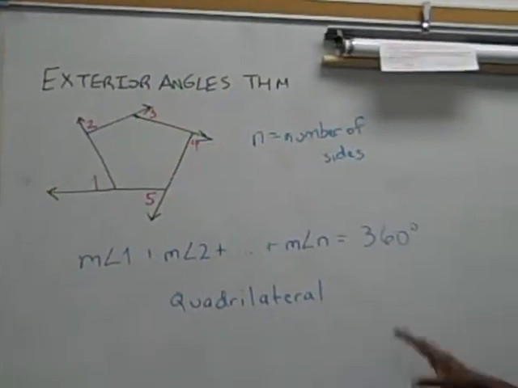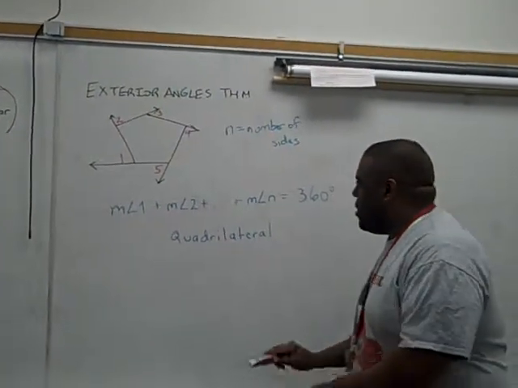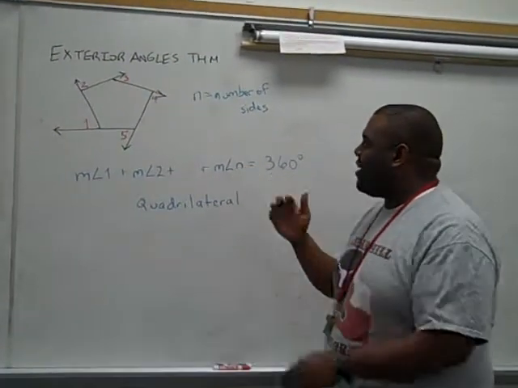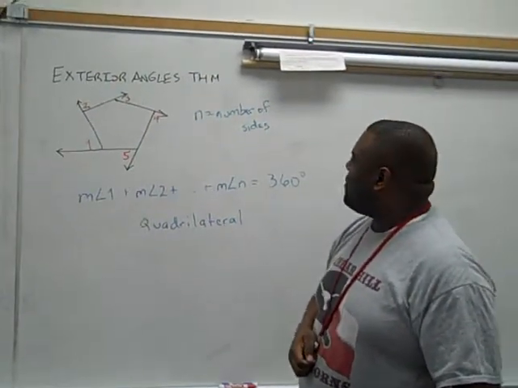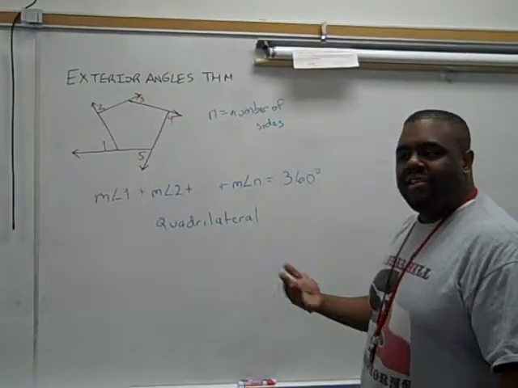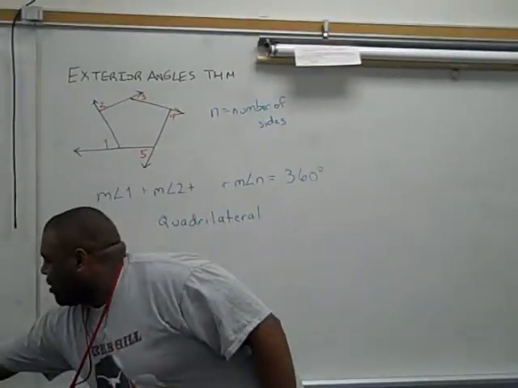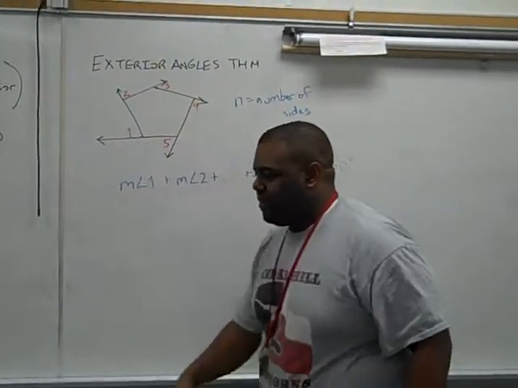Now, what we're going to do is we're going to put this equation or this theorem into motion. Because now what I'm going to do is I'm going to give you the amount of each angle to find out what a missing angle is. All right? So let me erase this. I'm going to keep that up here just so you can have it.